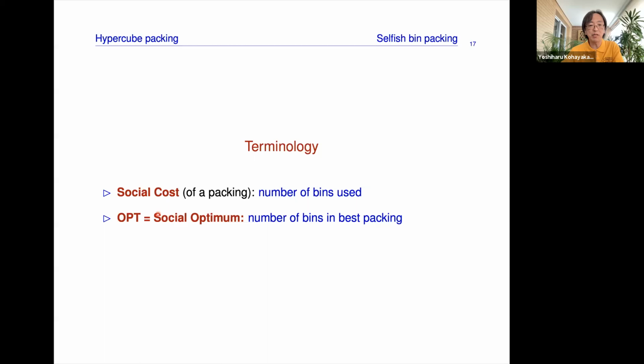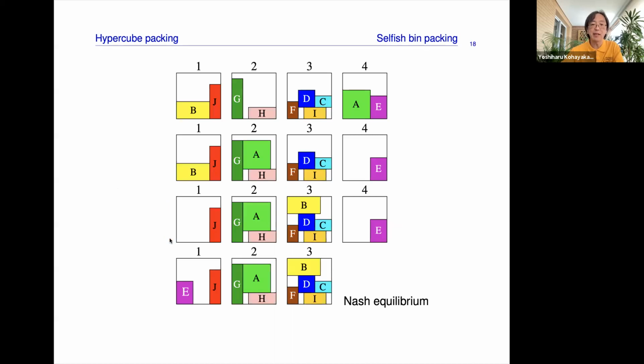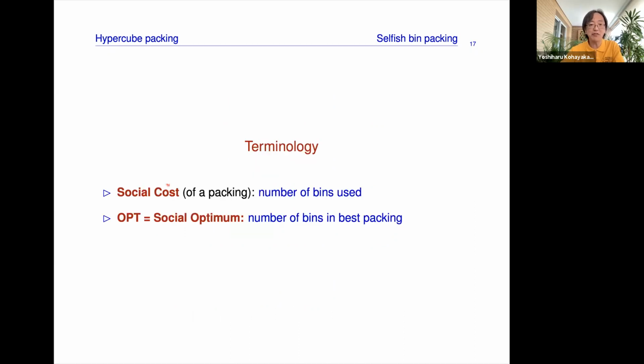So this is the optimum where the society works together. For any packing there is a cost, which is the number of bins, and ideally you would want everybody to work together to achieve this social optimum.